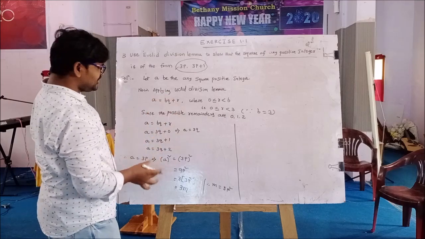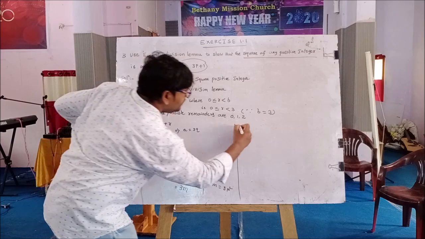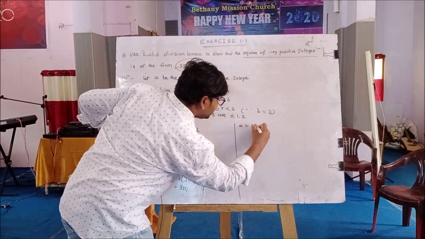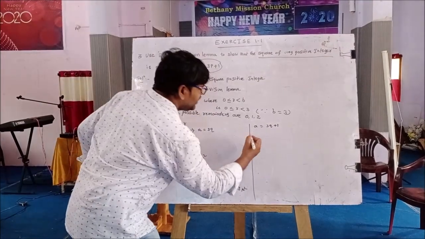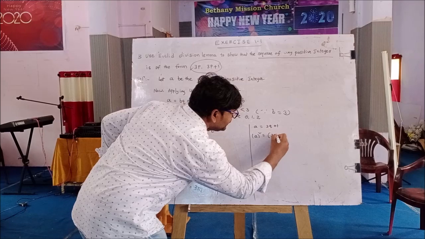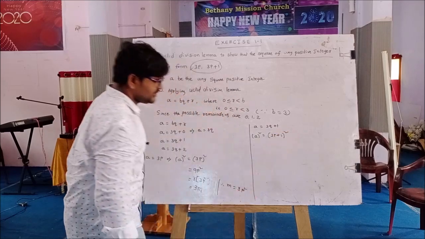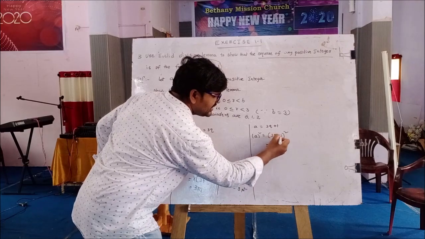Let us take the second condition. a equals 3q plus 1. Next, squaring on both sides, a square equals 3p plus 1 whole square.